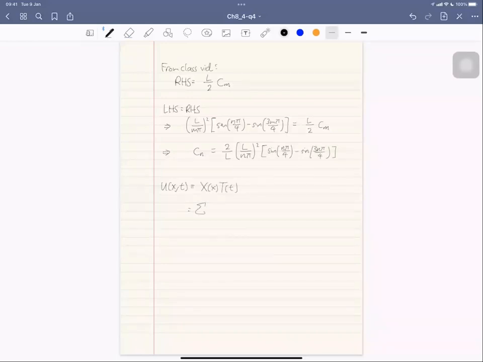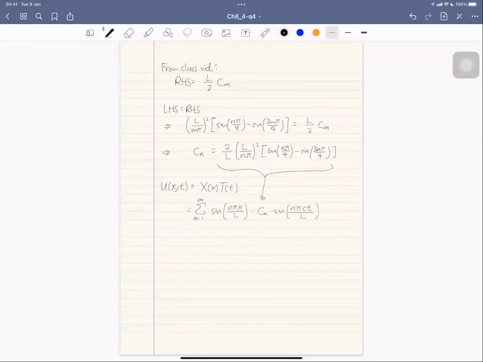And that will be summation of n from 1 to infinity. We have the first part, which is sine of n pi x over L times cn of sine of n pi ct over L, like this. And this is where it goes in here, okay?